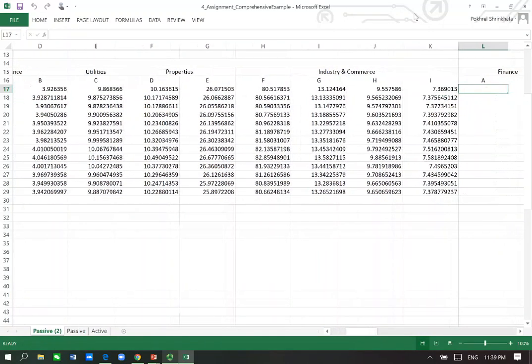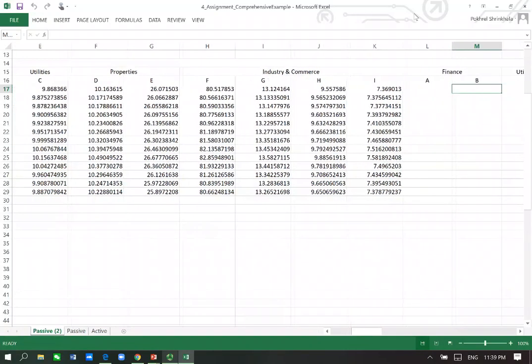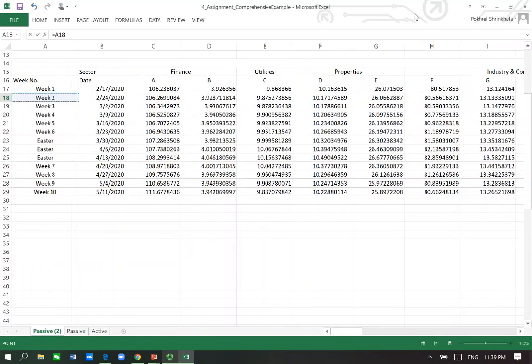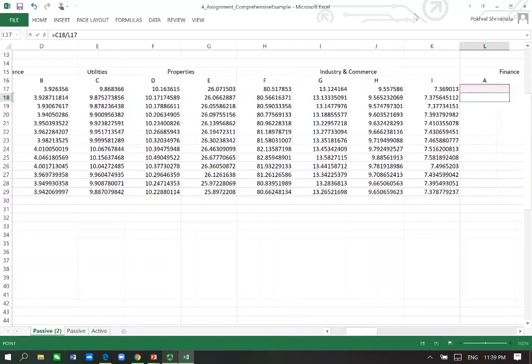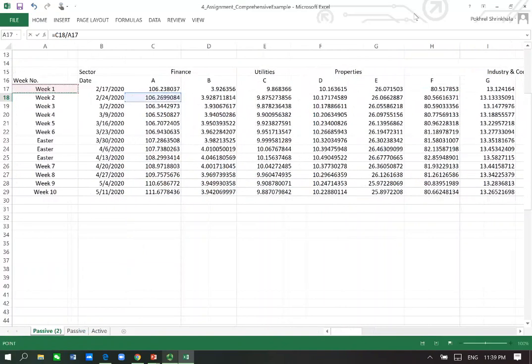Now, first thing is to find out the share price return. Finding out the share price return is easy. It is simply equal to the new share price, which is this, divided by the old share price, which is 1 week before, minus 1.